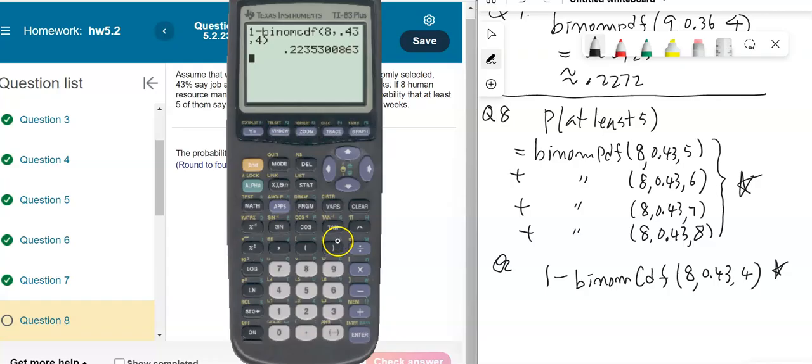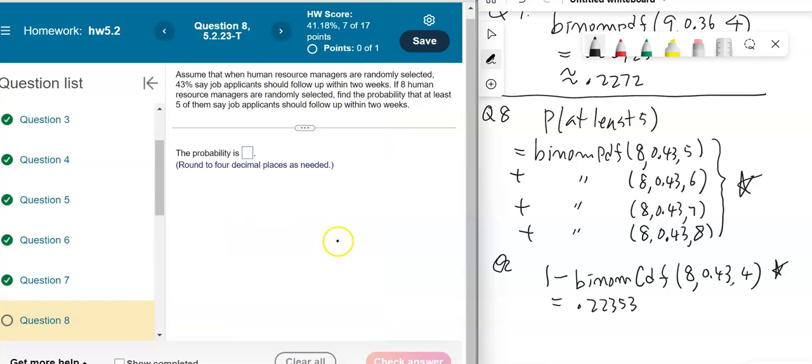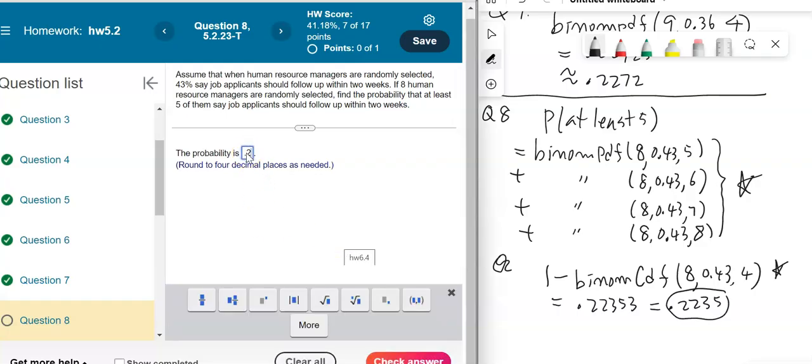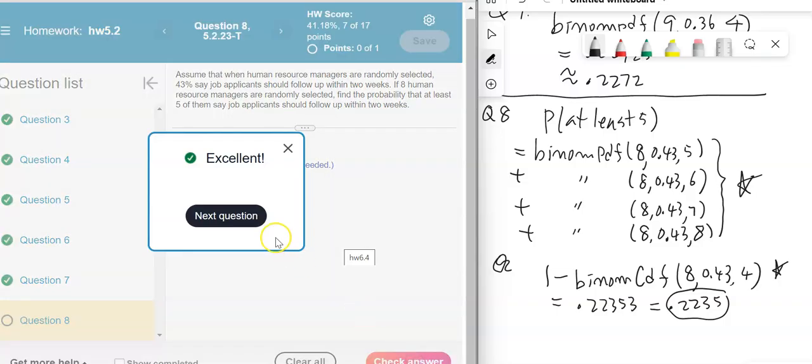Then you get 0.22353. Then with 4 decimals, it is 0.2235.